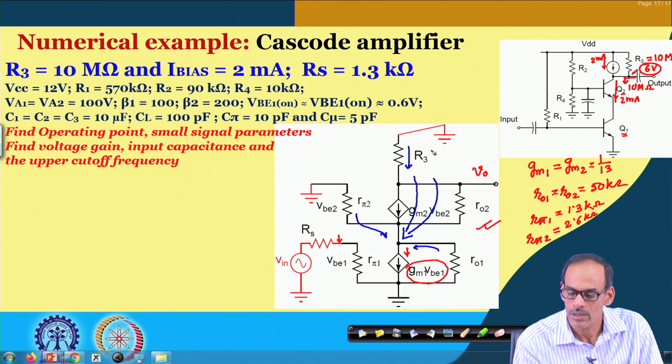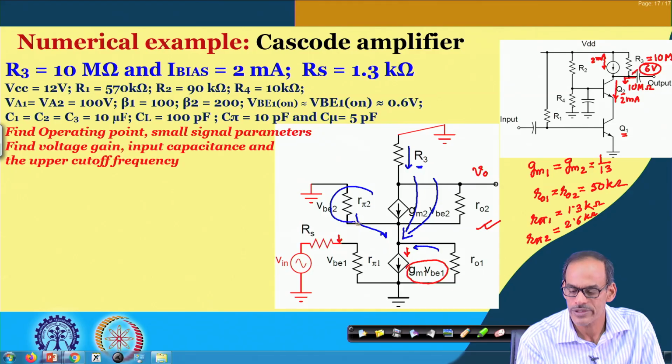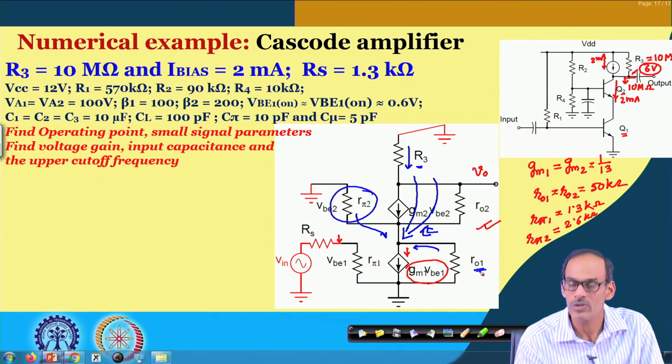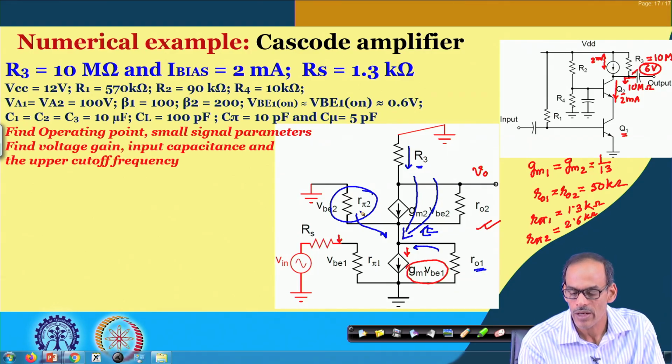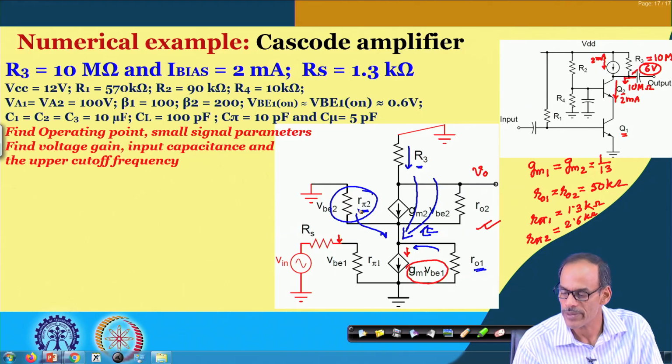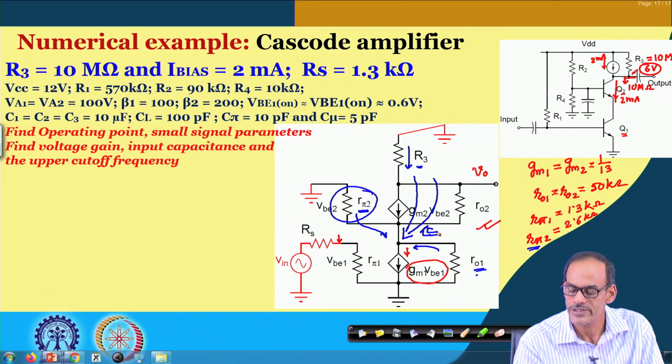To find the value of the current flowing through R3, we need to know the relative value of these resistances. We already have the numerical values of rπ2 and ro1, but let us see the equivalent resistance coming from this circuit.